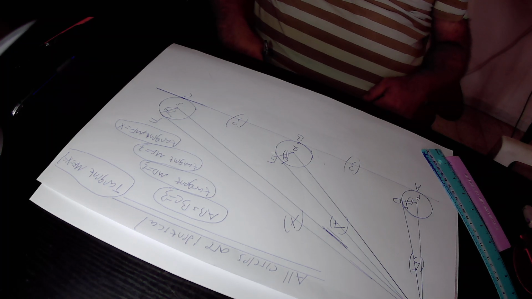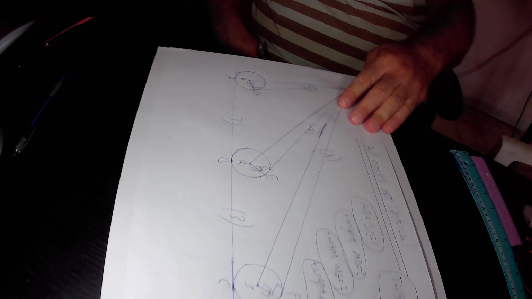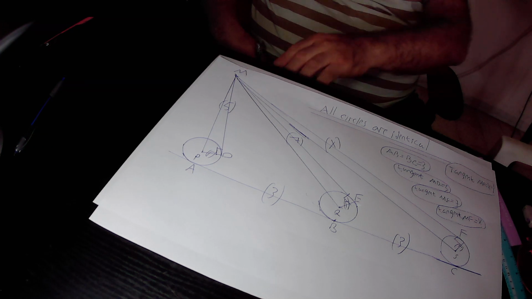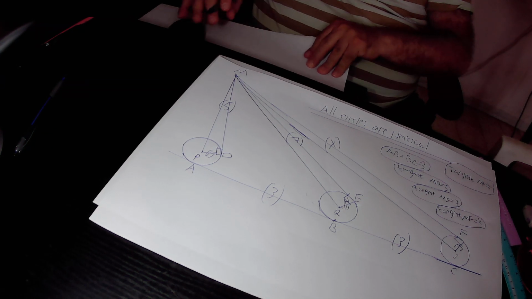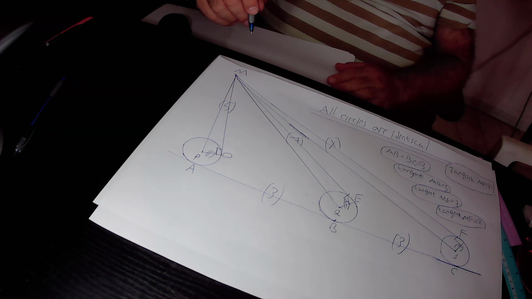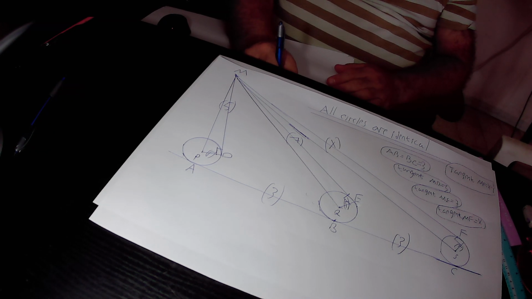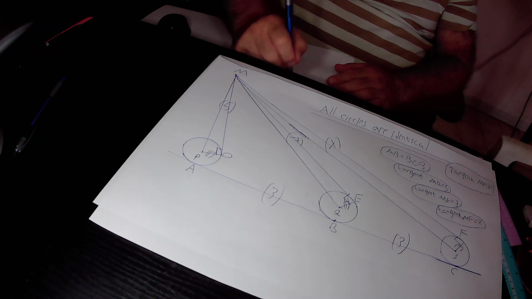First of all, we apply the Pythagoras theorem on this right triangle MPD. According to the Pythagoras theorem, MP squared, that is the square of the hypotenuse, is equal to PD squared plus MD squared.